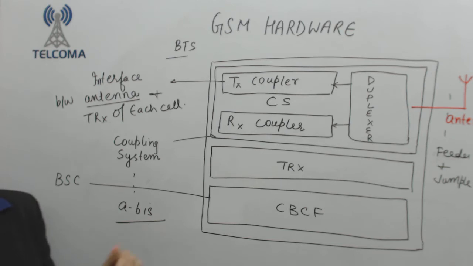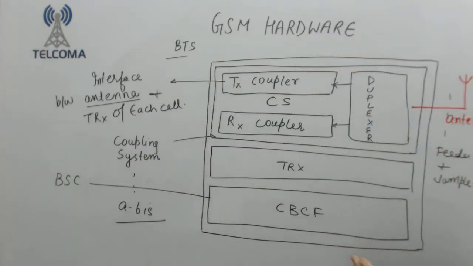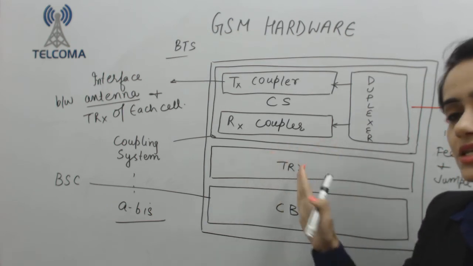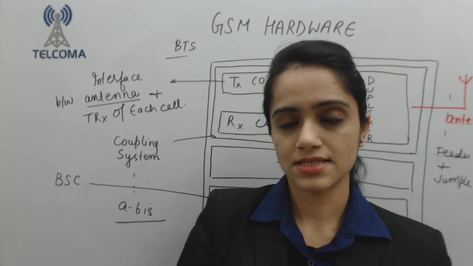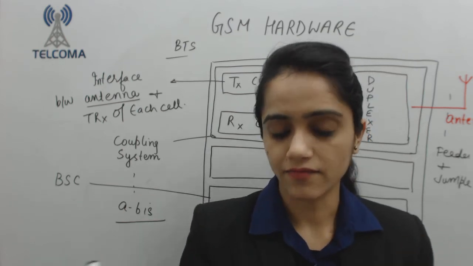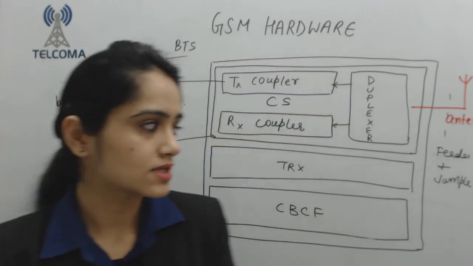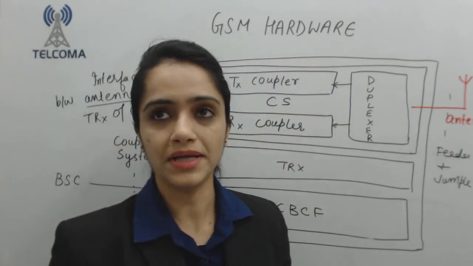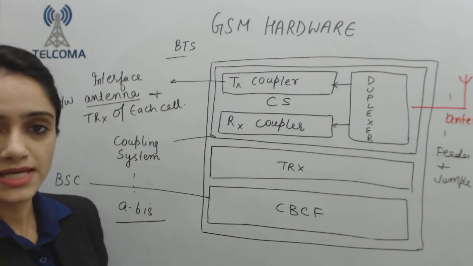So this is the representation of a BTS. That means these are the types of units that a BTS requires. TRX are basically the cards which we give to a sector or a cell so that they can find their path or switch the various calls. So this is about the hardware of the BTS. Now let's move to the next hardware component, which is the BSC.